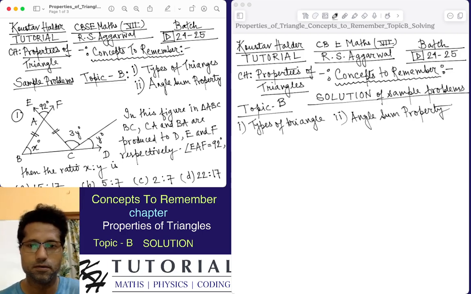This topic is based on types of triangle and angle sum property, and if you have not watched the theoretical part of the concepts to remember, I have recently completed the chapter properties of triangle, and there are topic A to topic E, all the key concepts you can learn, and you can verify that your knowledge of the concepts is up to date.